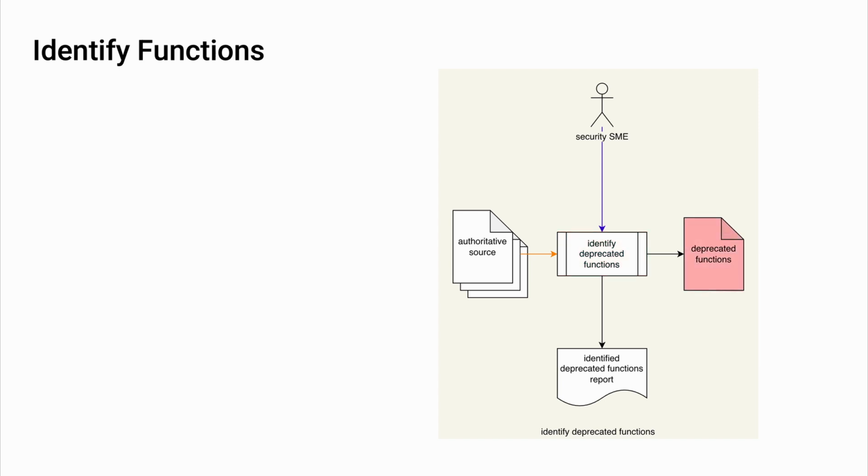From that list, an identified deprecated functions report will be created. When doing this, it's important that the SME focus on a single language targeting a single platform. This allows better management of how we're going to handle the deprecated functions, and if things change over time, that's going to be a lot simpler to track.